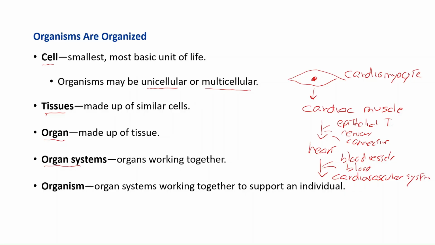But you're not only a cardiovascular system, you have a digestive system, you have a nervous system, you have an endocrine system. So all of the systems together form an organism. In this particular case, you add all of the other systems, and there you are. Okay?